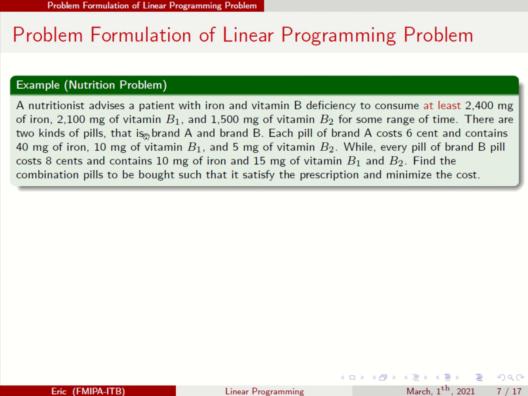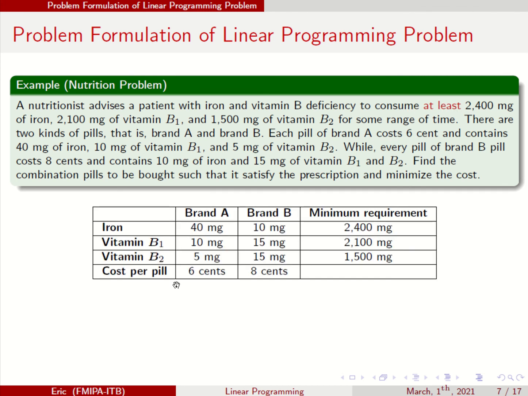There are two kinds of pill, brand A and brand B. Each pill of brand A costs 6 cents and contains this, while every pill of brand B is this and costs 8 cents. Find the combination of pills to be bought so that it satisfies the prescription and minimizes the cost. Don't forget to consume at least. In the previous chapter, you had to consume this much, but this one, you have at least.